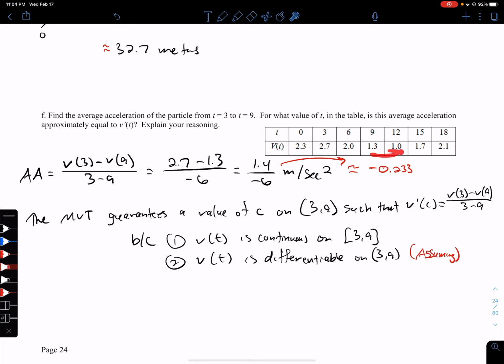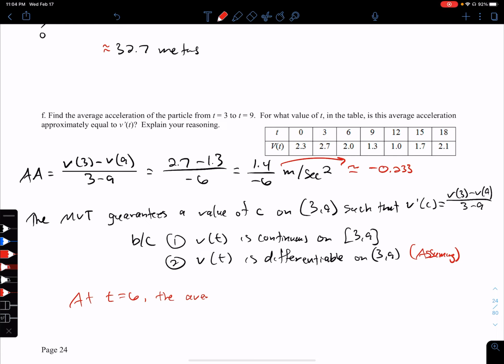From here to here is kind of close. That's dropping by 0.3. I mean, we're doing the best we can do here. We're supposed to approximate at t equals 6.